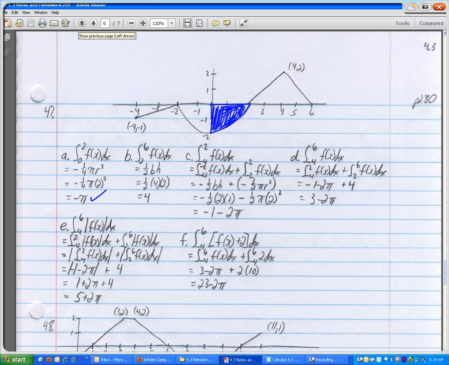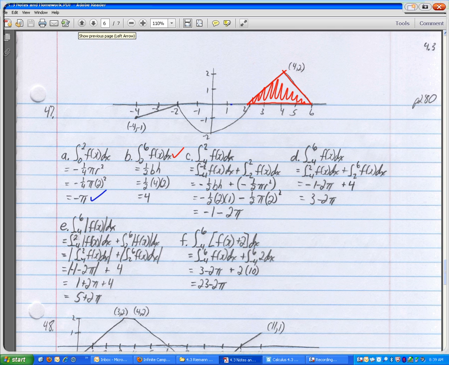Here we want the integral from 2 to 6. So let's get rid of that, and let's go from 2 to 6. There's our graph. So this is our region. So the integral from 2 to 6 of f of x dx is the area of a triangle.